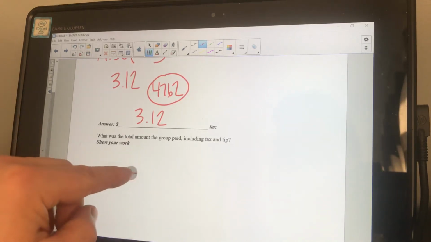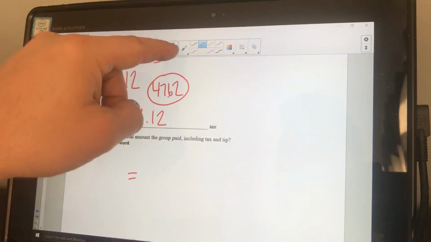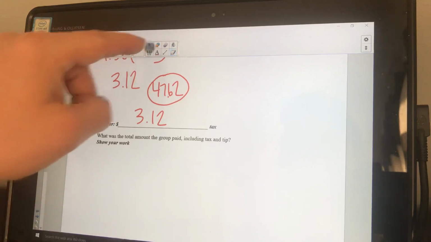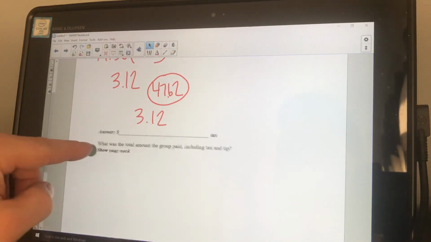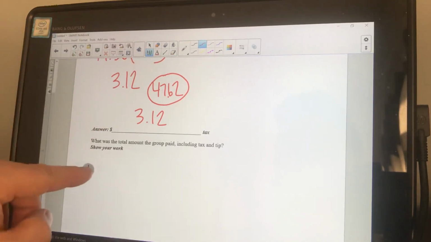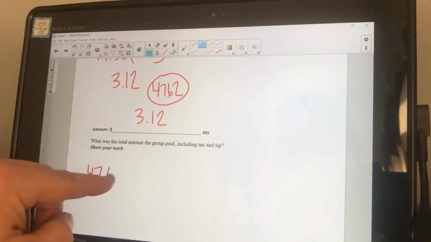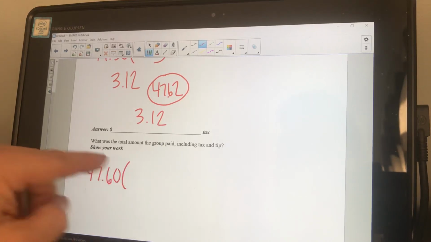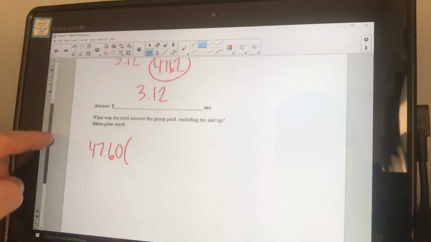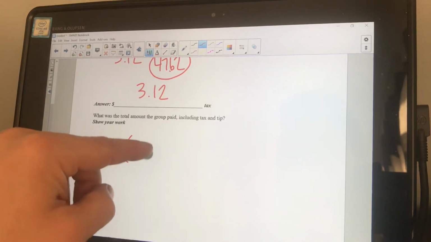So now we're going to do that same thing, but with the $47.62 instead, times a 20% tip.